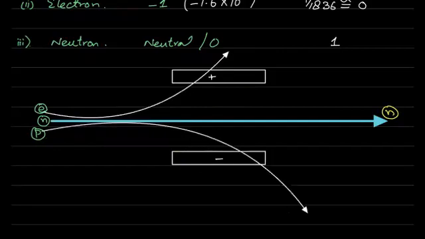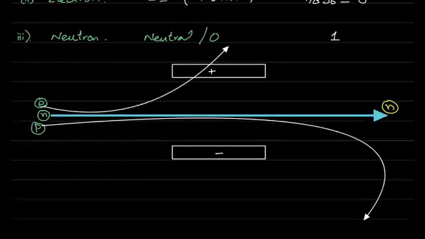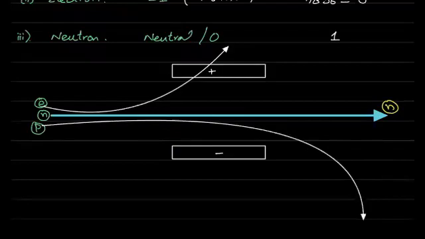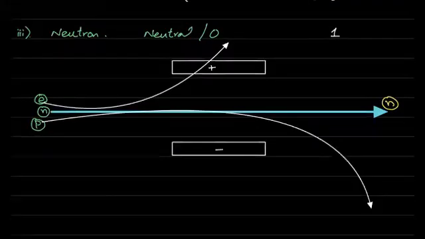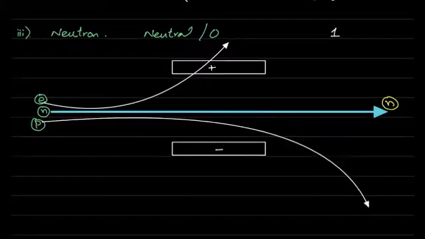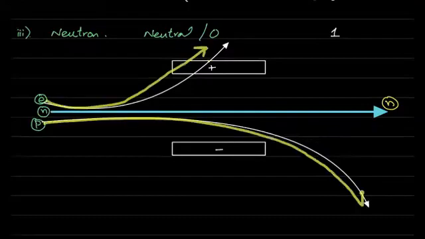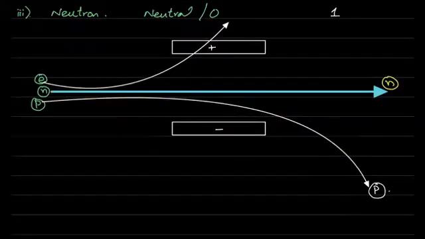Now, can you tell me which one is facing more deflection, proton or electron? If you see the angle of deflection for electron and proton, the proton is deflected less than the electron. What is the reason why electron is facing more deflection?